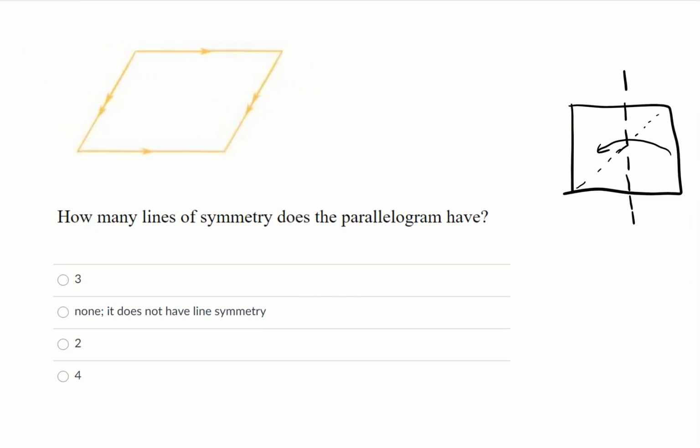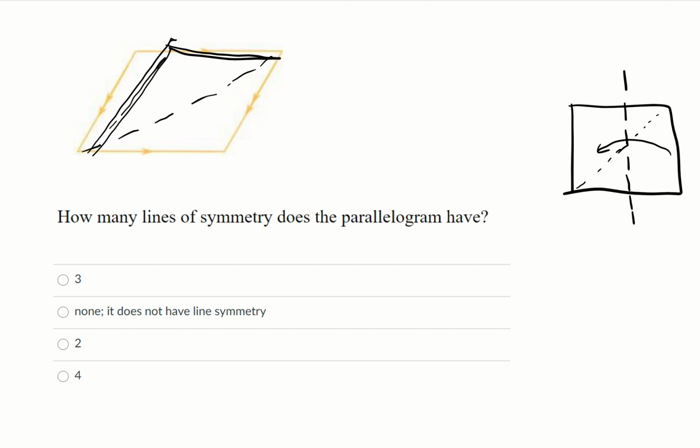Now, if I were to do a line here and fold that, well, that's not going to fold the correct way. You can verify this yourself, because this is a parallelogram. It will not fold the correct way. It would probably fold like this, so it would not line up the way you want it to.